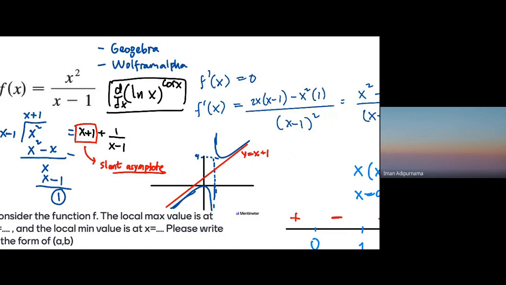I think Wolfram Alpha has symbols for the calculator, so it's really nice, really neat, and really helpful. But sometimes, because it's a computer, the results may be a little different from what you calculate yourself. That is mostly because the computer uses a different form of math, but actually it's the same thing. So check GeoGebra, check Wolfram Alpha.